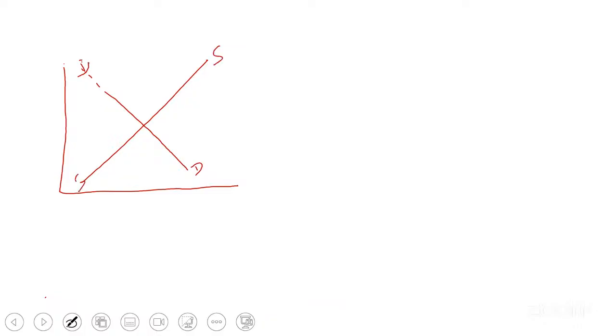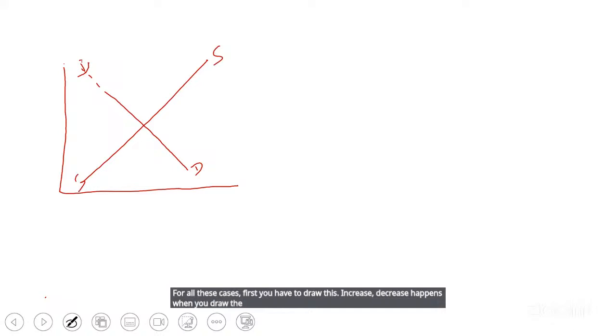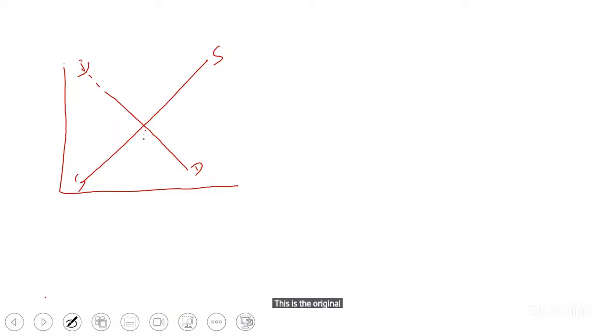For all these cases, first you have to draw this. Increase, decrease happens when you draw the original demand and supply curve, right? So this is the original demand and supply curve. This is the original equilibrium point E. This is Q. This is P.